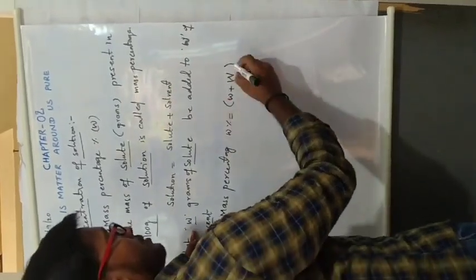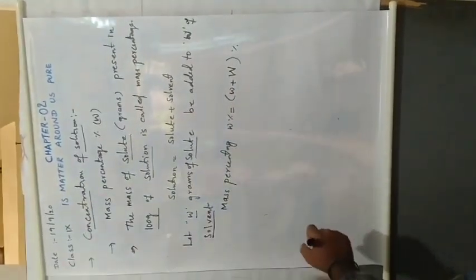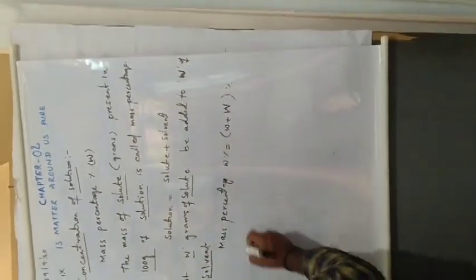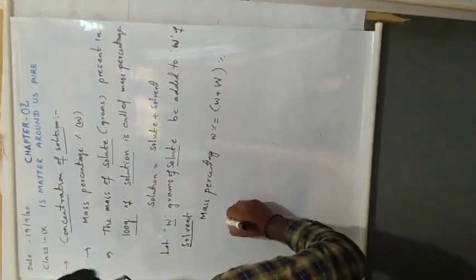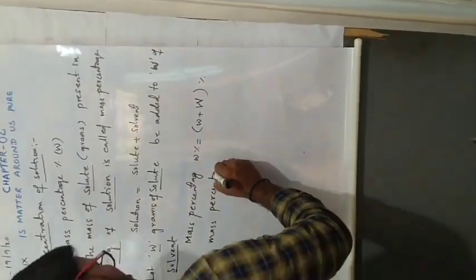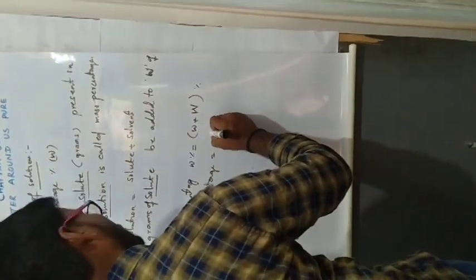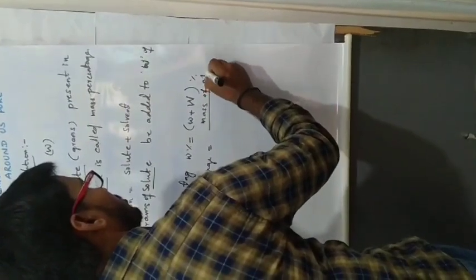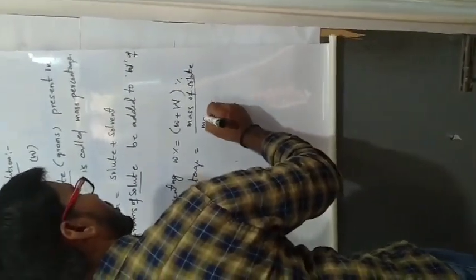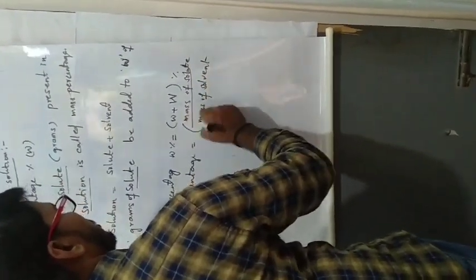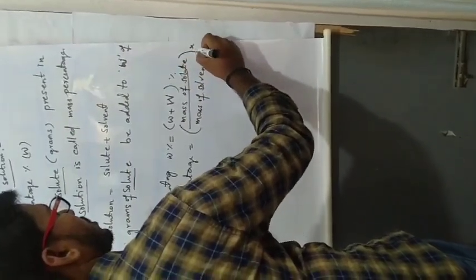What is the formula of mass percentage? Mass percentage equals mass of solute by mass of solution, into 100. That is, the mass of solute present in the mass of solution, into 100.